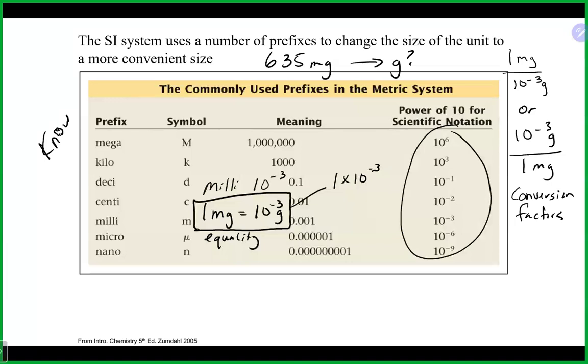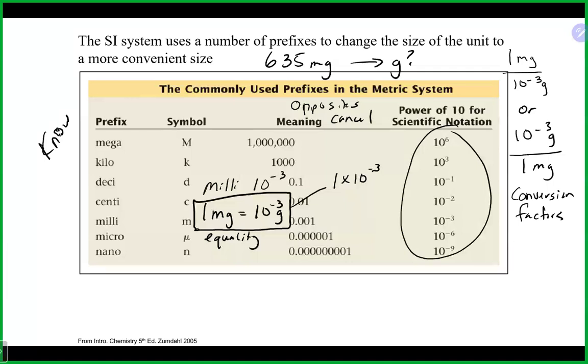The good news is it's a very simple concept: opposites cancel. If there is a unit that you want to get rid of, and it's on the top, you need to put the same unit on the bottom. Opposite location cancels. If the unit you want to get rid of is on the bottom, you got to put the same unit up on top, and it cancels each other out.